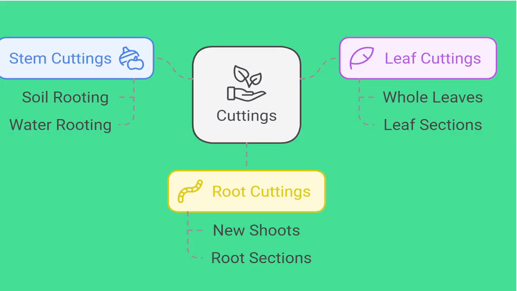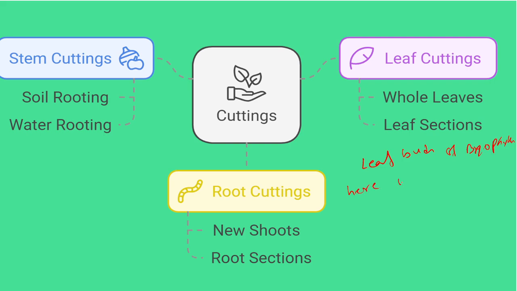First, leaf cutting: here we cut the whole leaf or a leaf section. Example: leaf buds of bryophyllum.